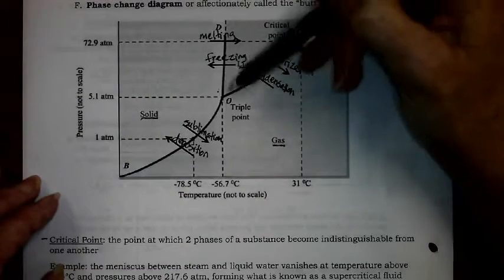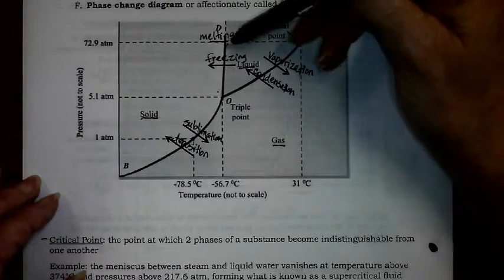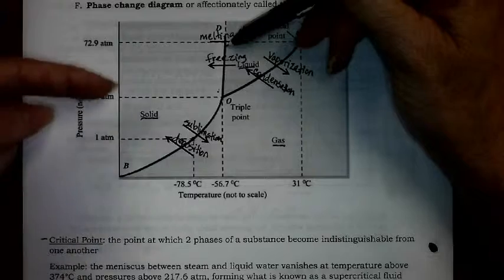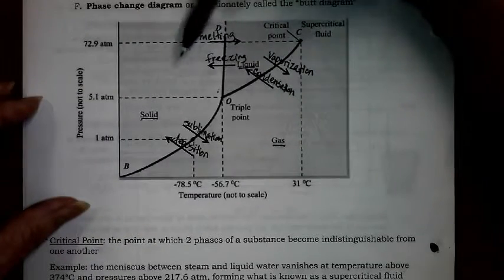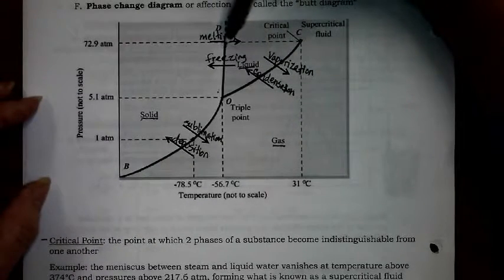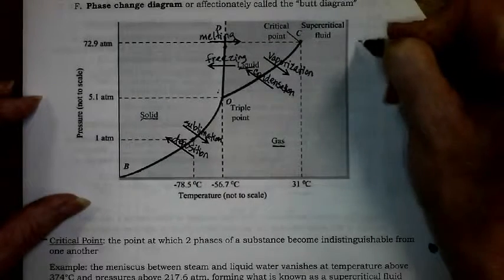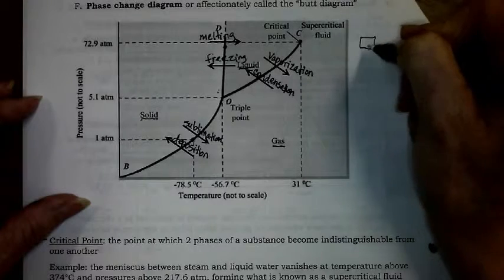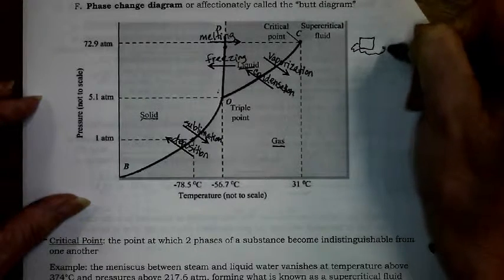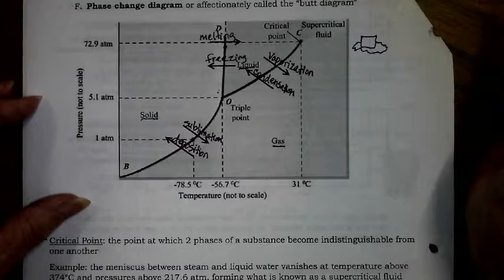Same thing up here. Let's say we are at this point on the phase diagram. It's between the solid and liquid phase, so that means it is melting. It would be like you have a block of ice melting and sitting in a pool of water.